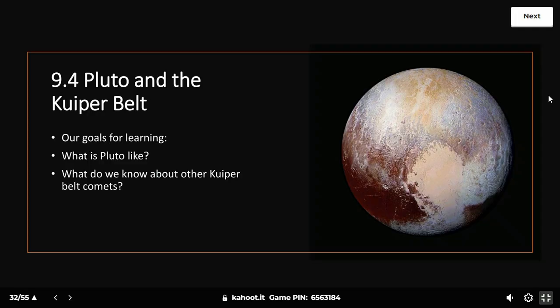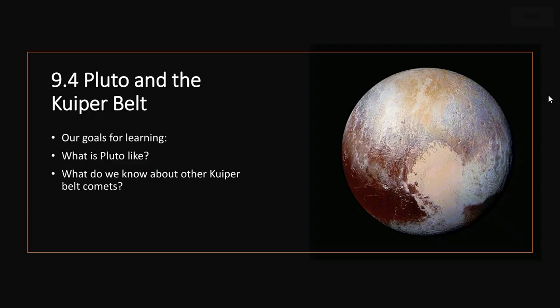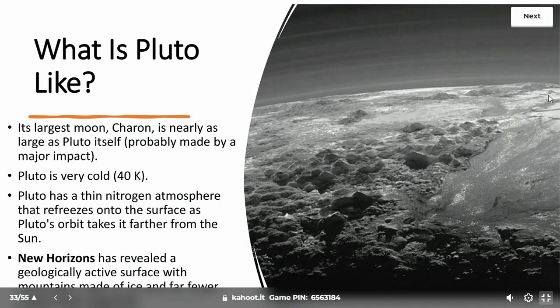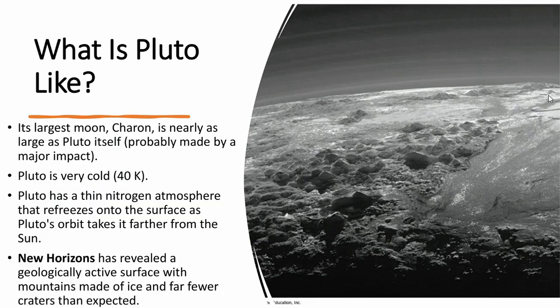Okay, so we'll talk about some specific objects in the Kuiper belt, mainly Pluto. And this is a real image that we've taken of Pluto. And it turns out Pluto is a bit more interesting than we thought it would be. So firstly, it's in basically a binary system. Its largest moon, Charon, is almost the same mass as Pluto, and so it's not one orbiting the other really, they're both kind of orbiting each other.